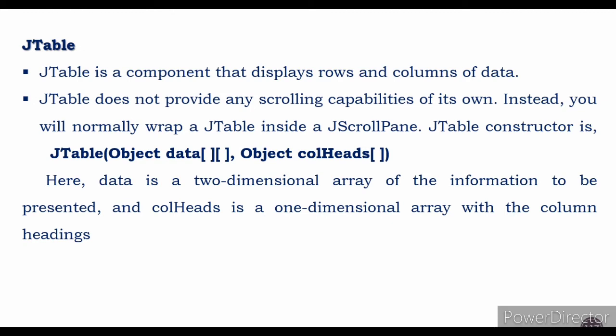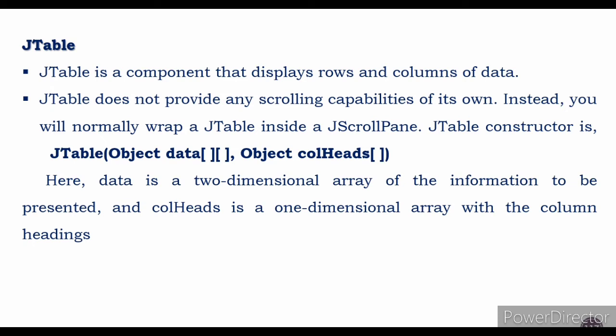At the top of each column the heading will be there, and it does not provide any scrolling capabilities of its own. Instead, you will normally wrap the JTable inside a JScrollPane. Then it's very easy to get the vertical scroll bar and horizontal scroll bar automatically.